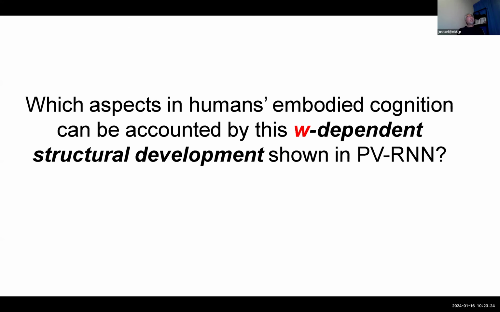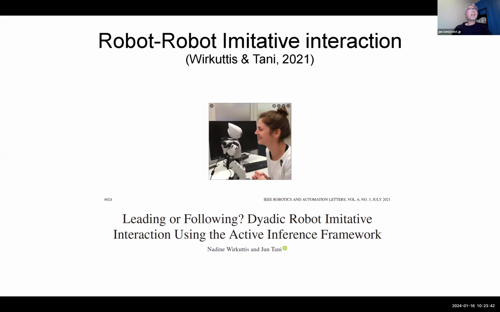So now I'd like to go to embodied cognition. Which aspects of human embodied cognition can be accounted for by this W-dependent structural development shown in the PVRNN? To address this question, my student Nadine worked on robot-robot imitative interaction.